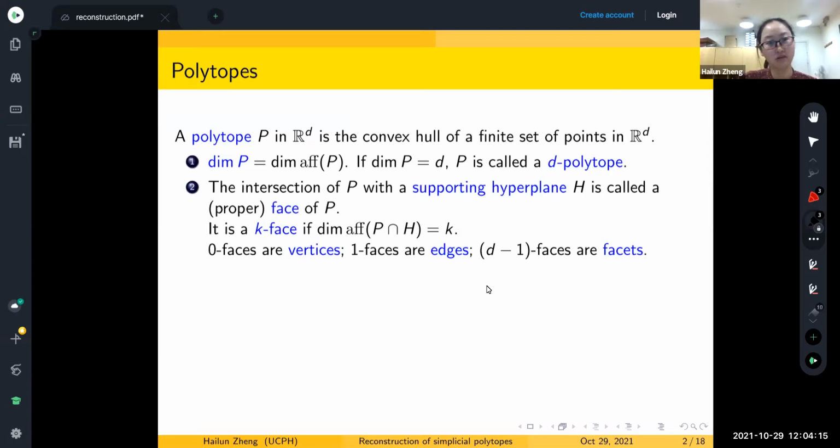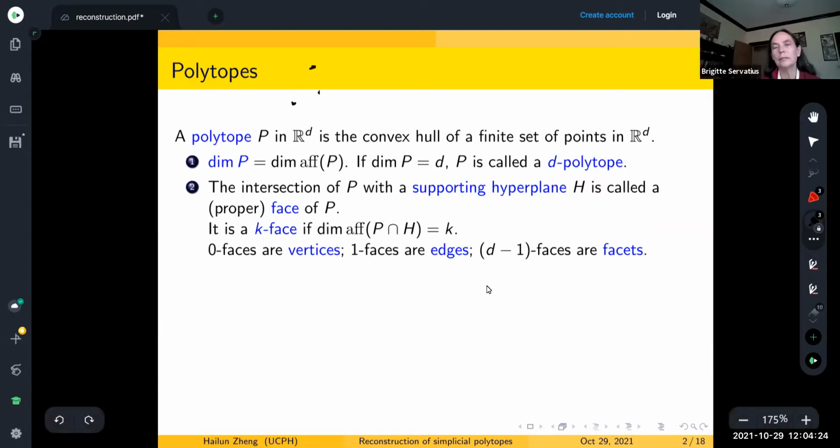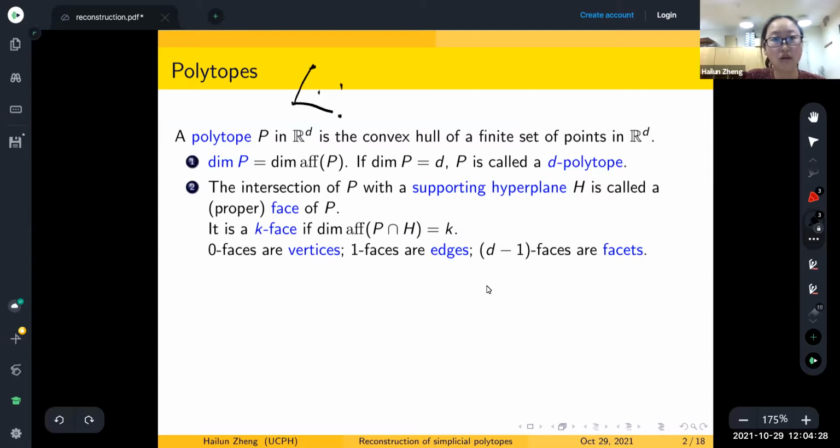The standard way to define a polytope is that we take the convex hull of finitely many points in the space. For example, if we have 5 points in R2 and we take the convex hull, this is just a polygon with 4 vertices. There's another way to define polytopes, using half spaces.